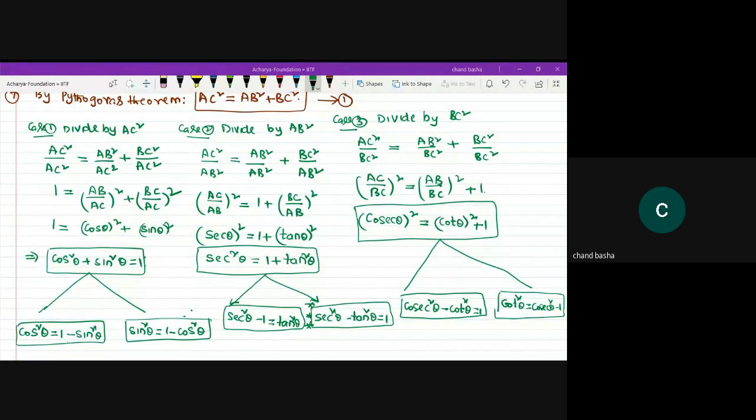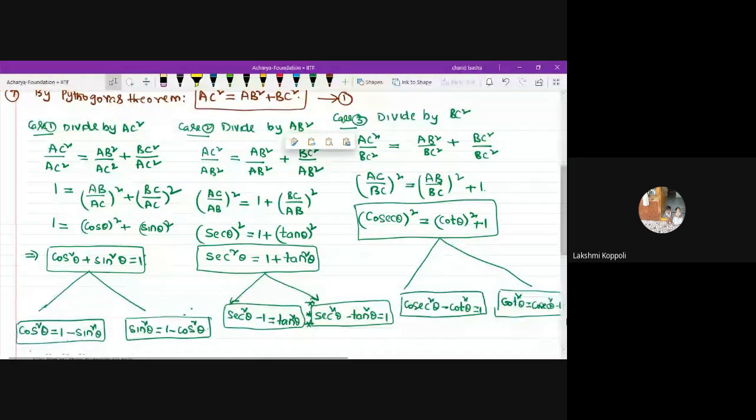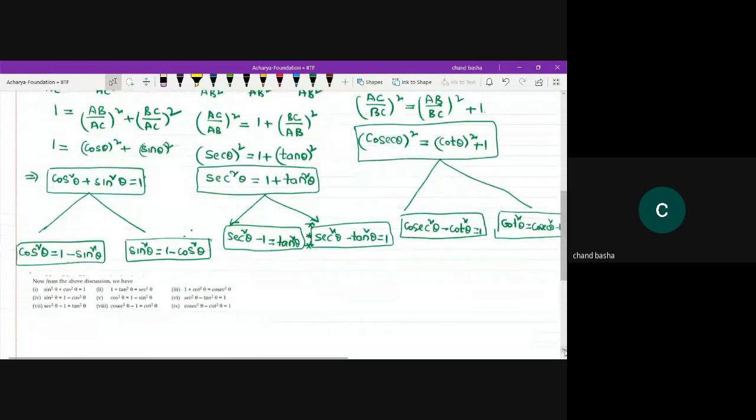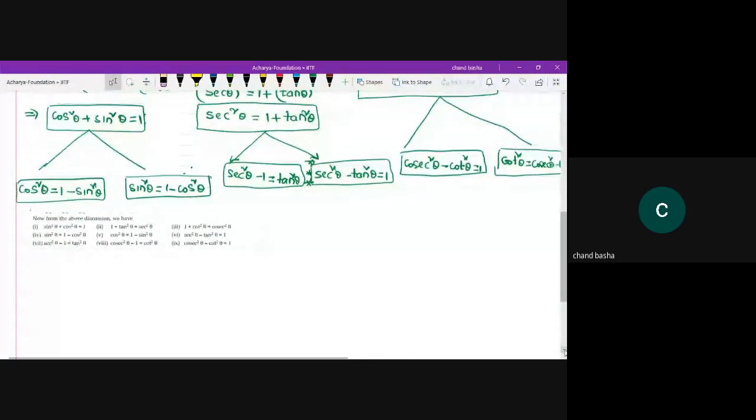Just 1 second, I'll try to copy the formulas. These are the sine square theta plus cos square theta equals 1 formulas. Now we can have all the 9 at one place.